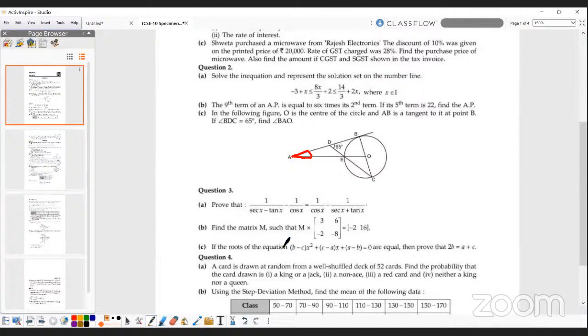Anyone having any idea for this? Like how to get the value of angle BAO? Any idea like how to start, or is nothing clear? Sir, can you give 2 minutes?